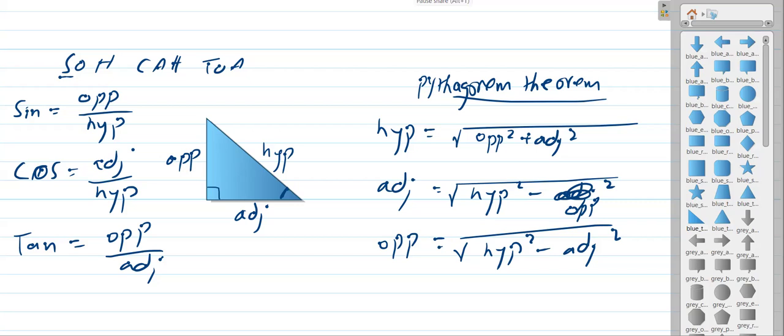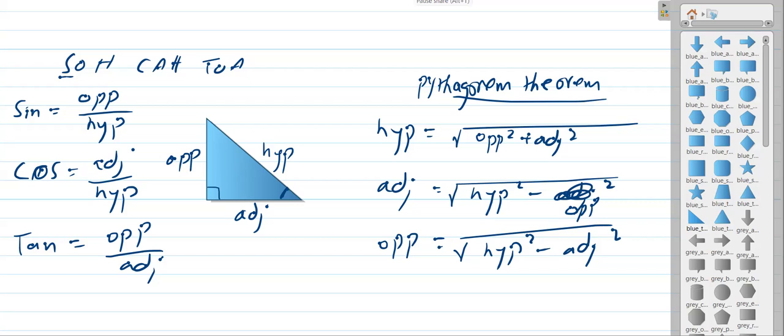Okay, that's good. And SOHCAHTOA we can use with sides and angles, not every triangle, only right angle triangle.